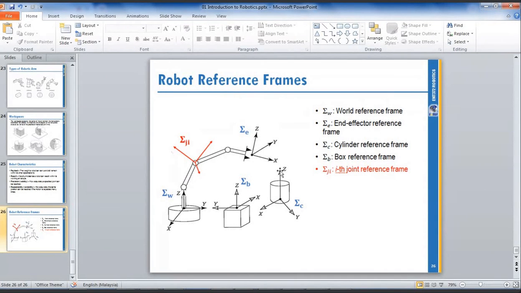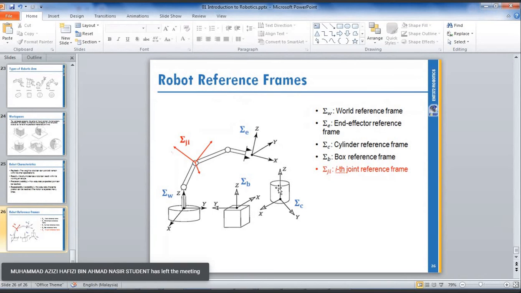If you work in industry and want to pick up some part, that part has an orientation. You need to capture it using a camera, check the orientation of your part, and then turn the part to your required position.